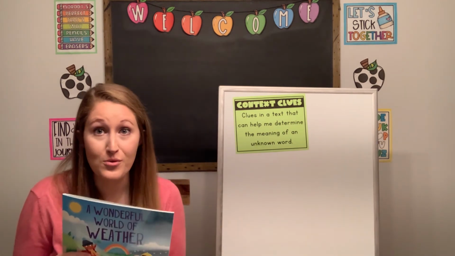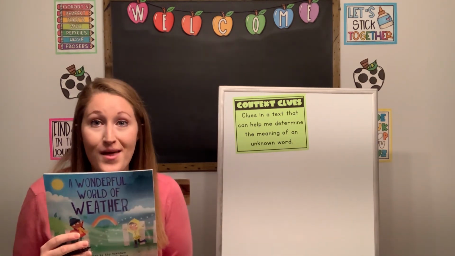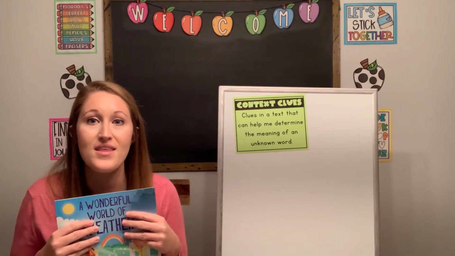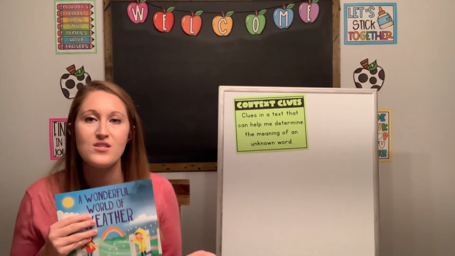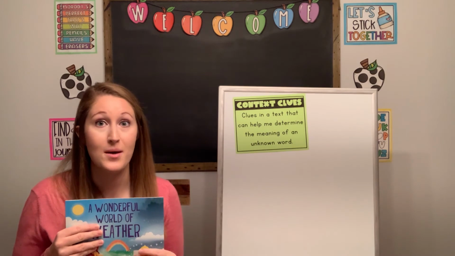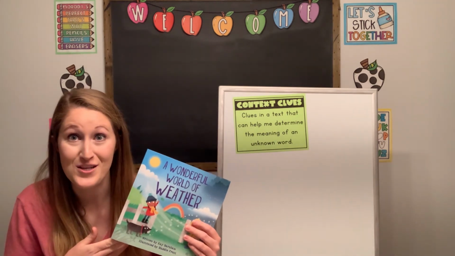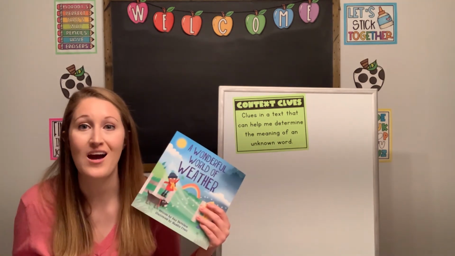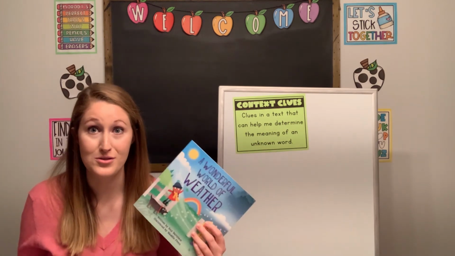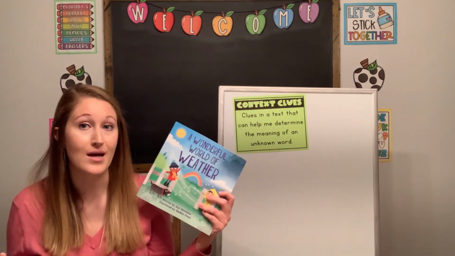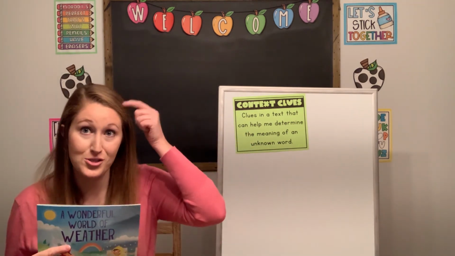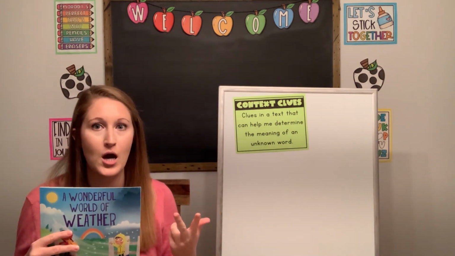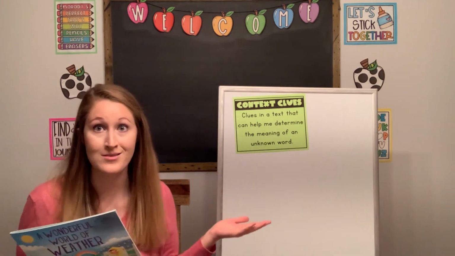So you have lived through some different types of weather. So you have experiences with them and may have already heard some of these vocabulary terms, whether that be by watching a forecast on the news or by having a conversation with your peers or adults around you. So you can use that information to help you, and that's your schema. So your schema can help you, but also so can context clues.